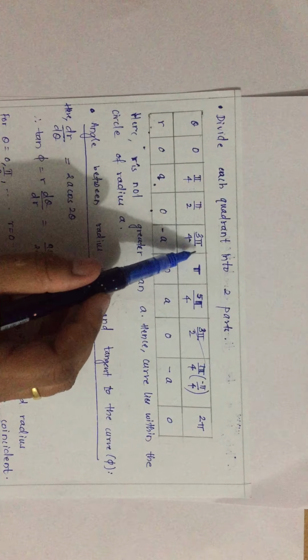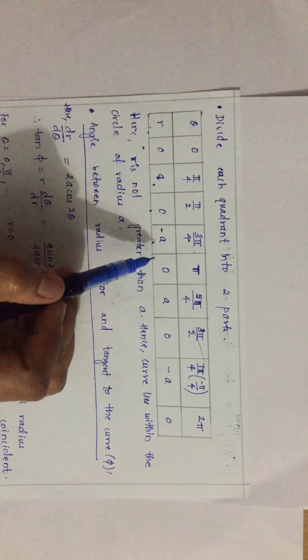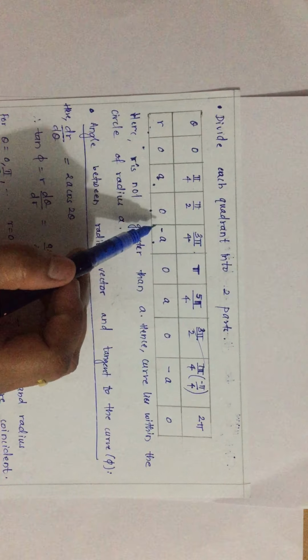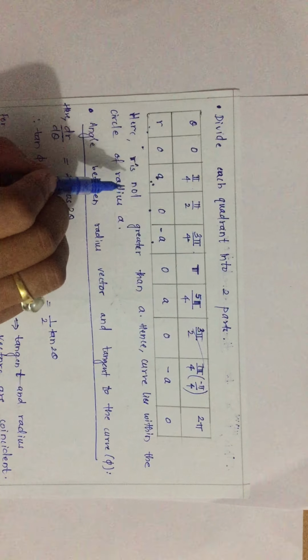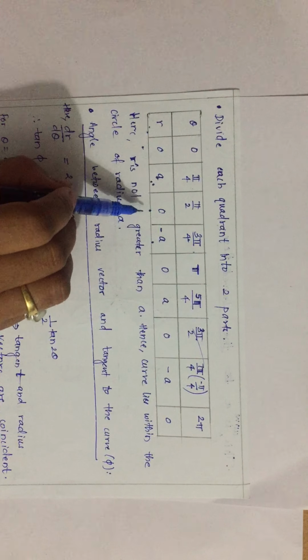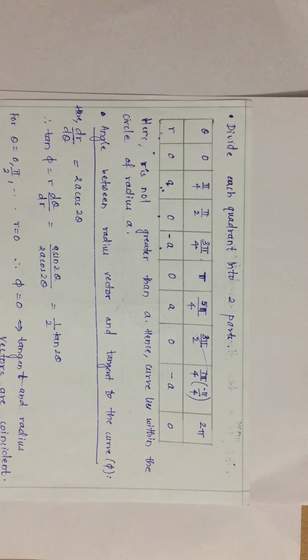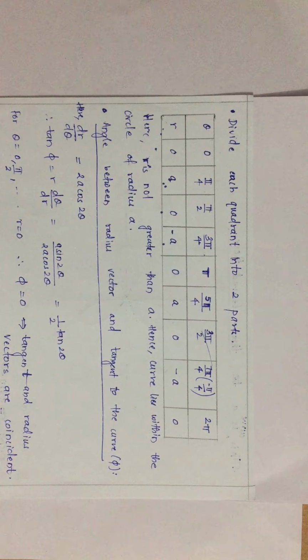Again at theta equal to 3 pi by 4, r is equal to minus a, that is nothing but this radial distance only, but in the opposite direction. So the maximum value of r here is a, whereas the minimum value is 0. So this curve will lie within a circle of radius a.